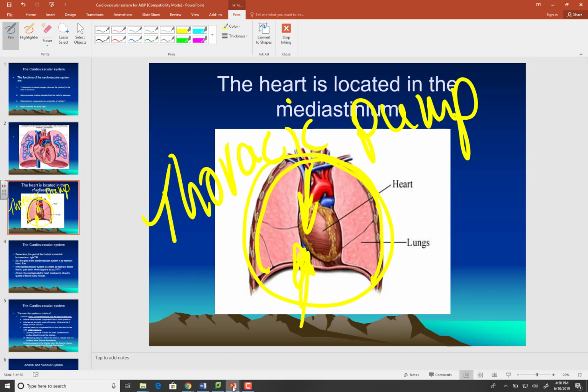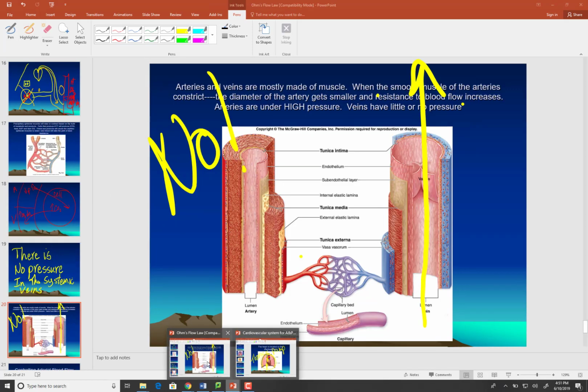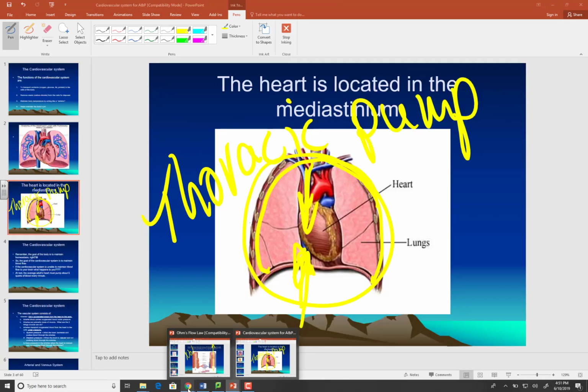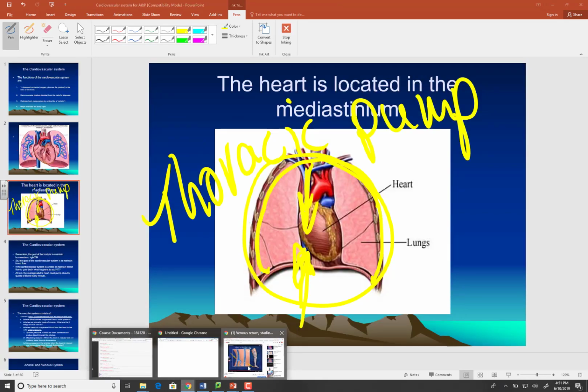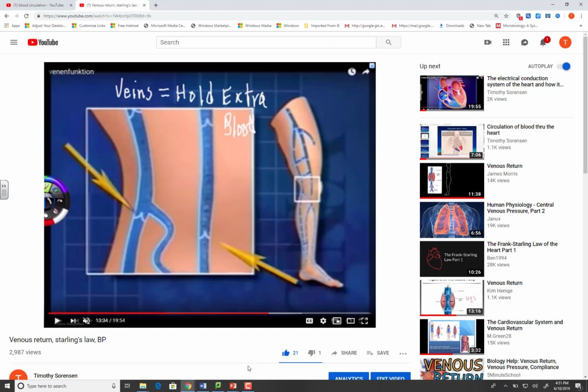What's the other big way that venous blood gets back to your heart if there's no pressure in the veins? You got it. Veins have one-way valves. Arteries don't, because arteries are always under pressure. Veins, no pressure. So you have to generate that pressure, and how do you do it? By squishing the veins with muscle contraction and forcing open those one-way valves.